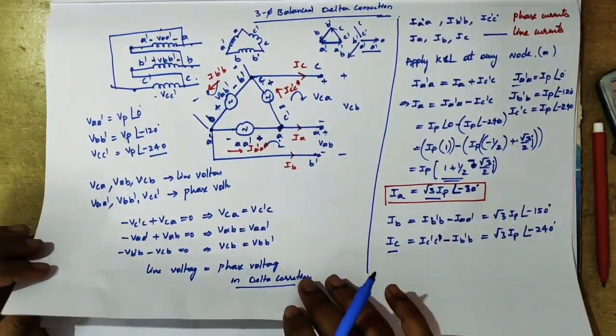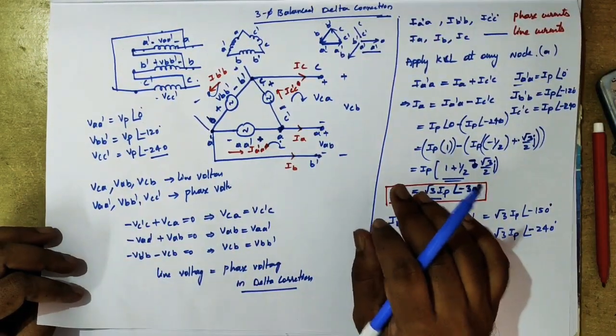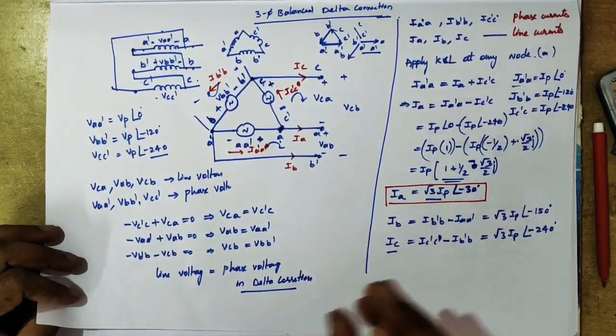Therefore the delta connection is useful for unbalanced loading.